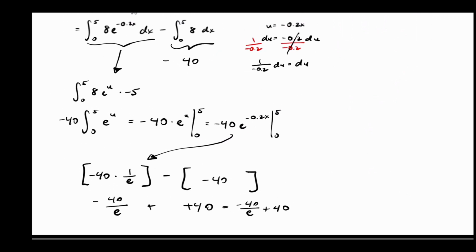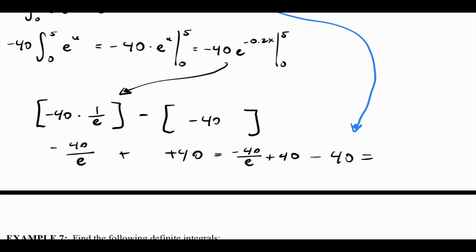And then you have to bring down the 40 you had before. The 40s cancel out, and you're left with negative 40 over e.